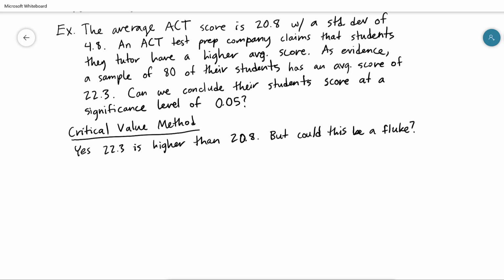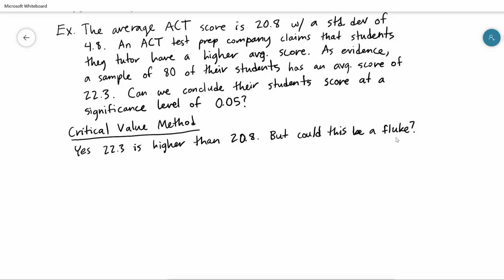If it's a very slim chance that this was a total fluke, then we'll be pretty confident that, yeah, this is indeed their students do score better. This number's higher than this number because their students score better than the average student. But it's also possible that maybe we find out there's like a 50-50 shot that this was a fluke. And in that case, it's not very convincing evidence that their testing service improves scores. So that's going to be kind of what we're looking at.